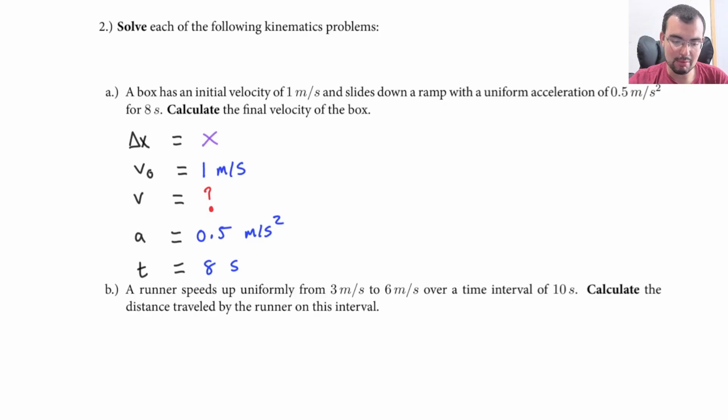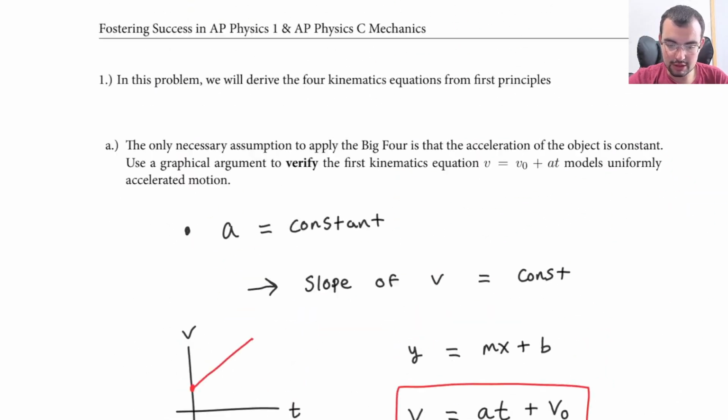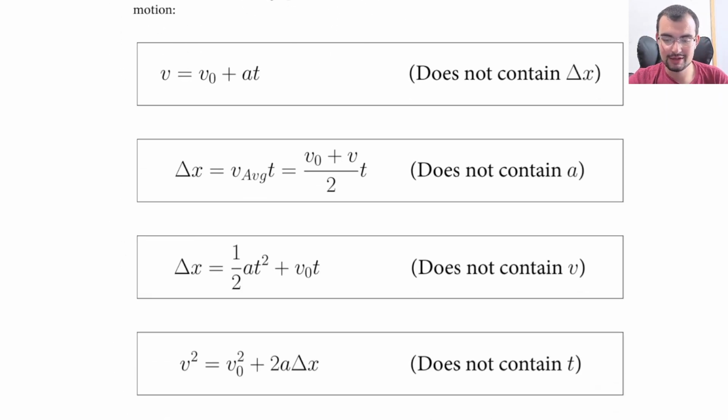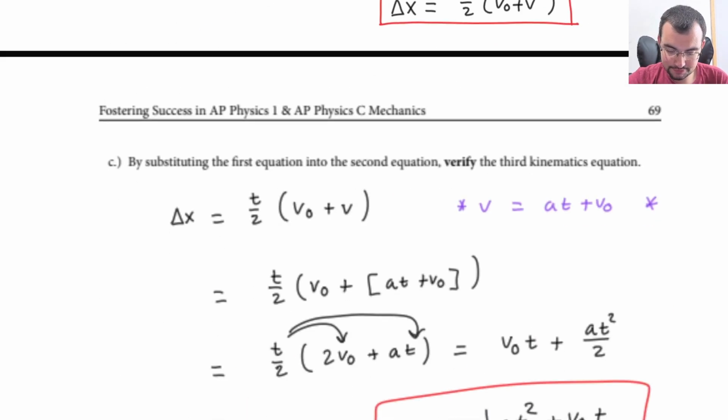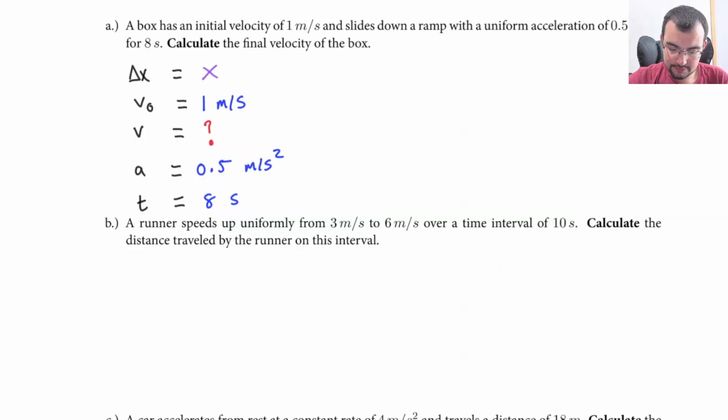So I can check my big 4 and see which one does not have delta x in it. And it is the velocity time function. So I know that I want V equals V0 plus AT. And then it's just plug and chug.